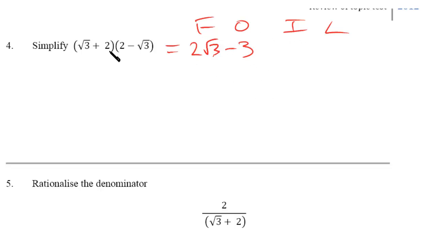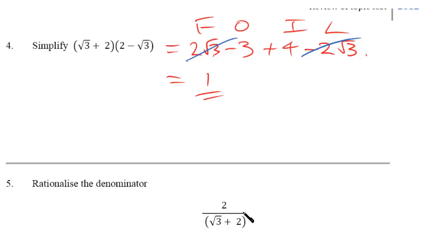Inner two things, 2 times 2 is 4. Last two things, 2 times minus root 3 gives me minus 2 lots of root 3. And what we see is that 2 root 3 and minus 2 root 3 cancel, because 2 lots minus 2 lots is 0. Minus 3 plus 4 is just 1. So our answer is 1.